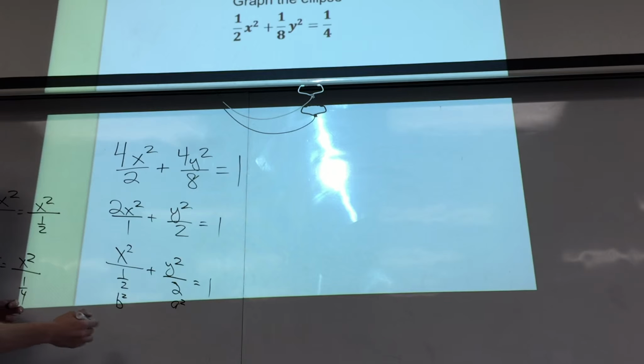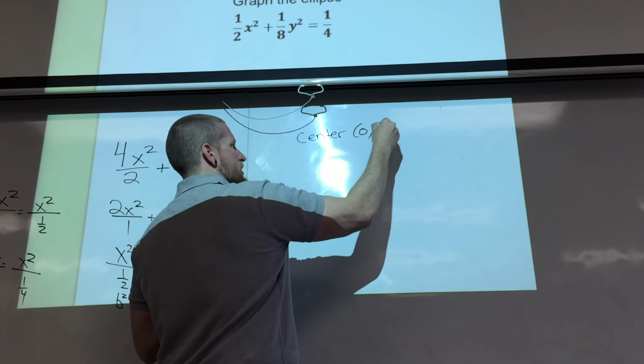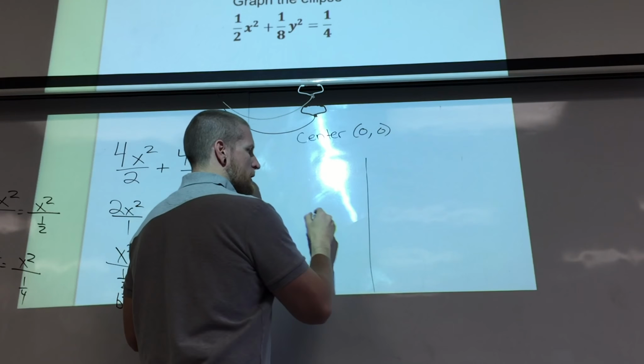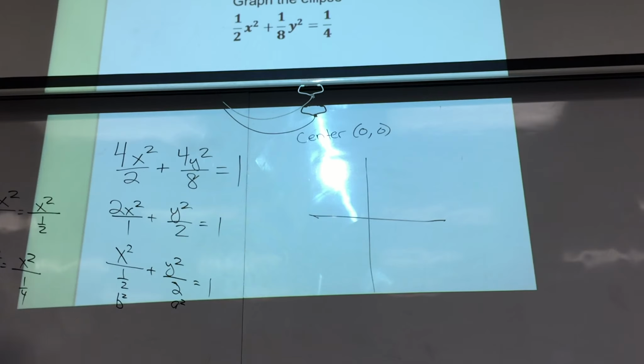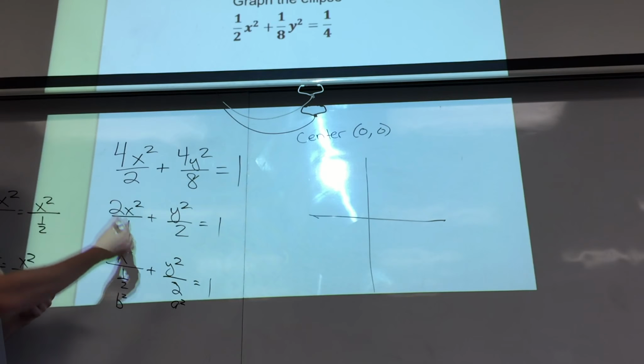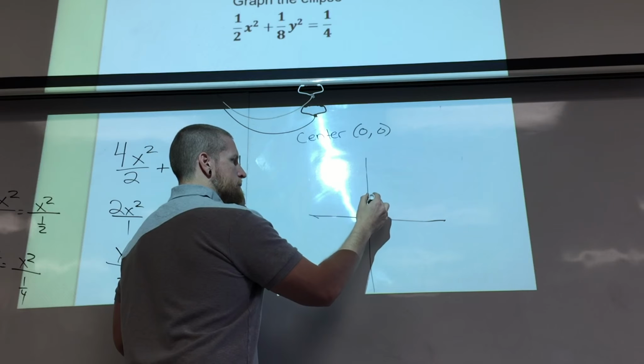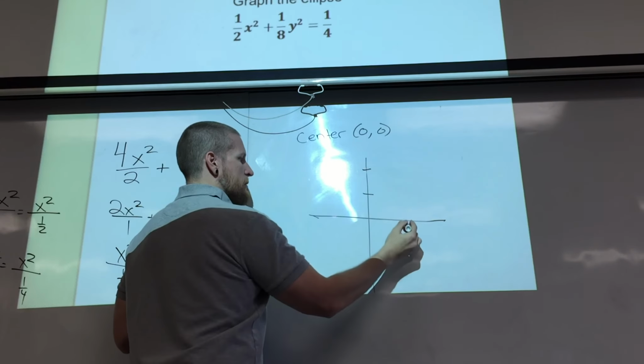So with this, I've got A and B, and I can graph what this looks like using simply A and B values. I know my center for all these is still 0, 0 because we're not doing shifts yet. In terms of this being stretched vertically or horizontally, 2 is a bigger number than 1/2. So this is a squared, which means it's going to be more vertical because it's underneath the y.